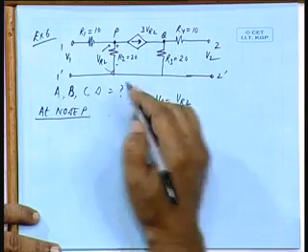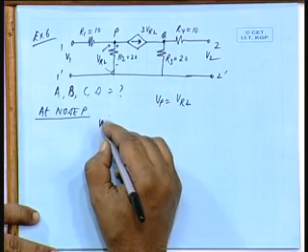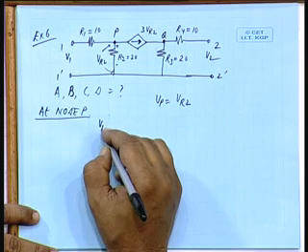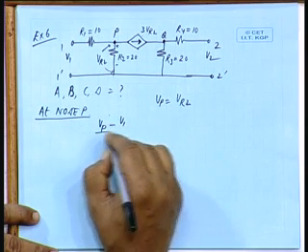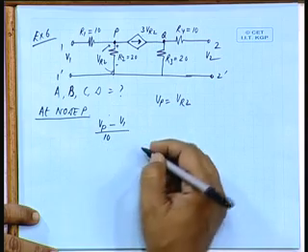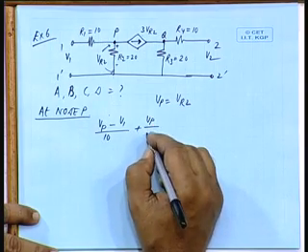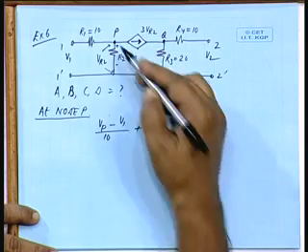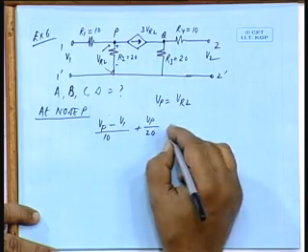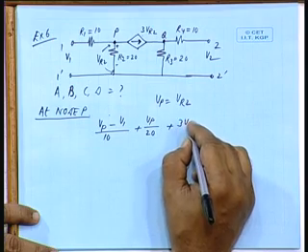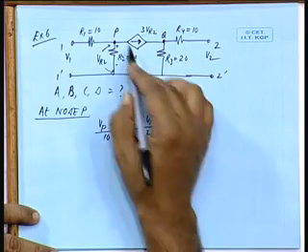This is the voltage across the resistance R2. So, (Vp minus V1) by 10 plus Vp by 20 plus 3 VR2, 3 Vp, equal to 0, is it not? This is the current here.